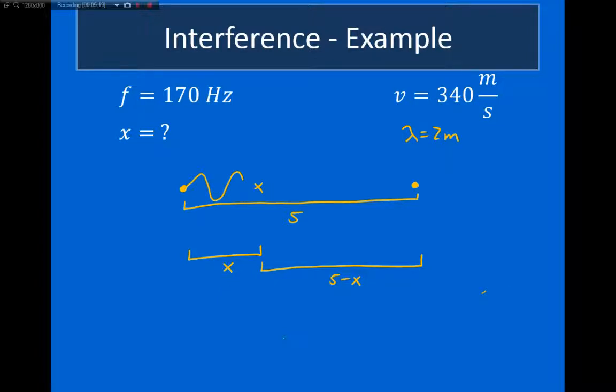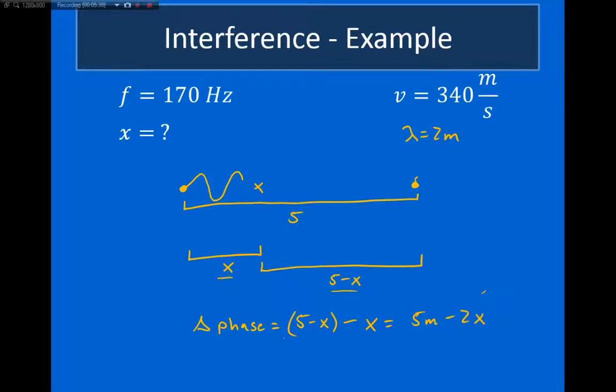And the phase difference between this point and this point x is 5 minus x. So the phase shift between these two waves is just equal to the difference in these two things. So the phase shift, or the difference in the phases, is equal to 5 minus x, or 5 meters minus 2x.